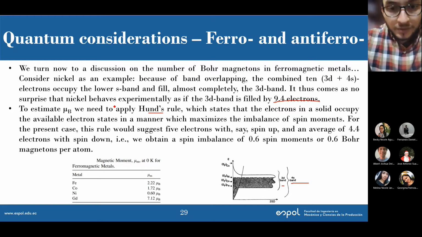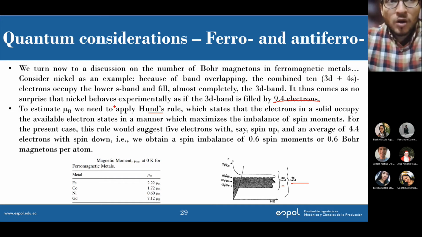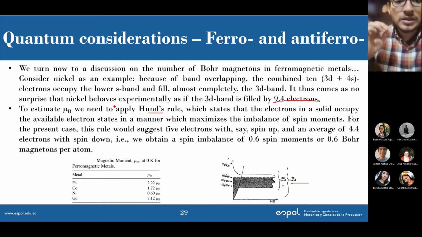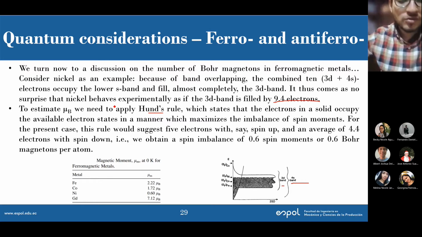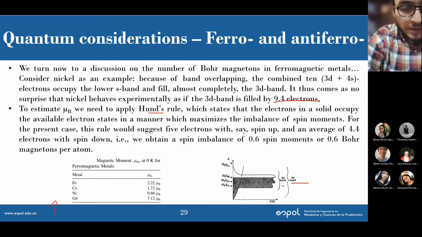Remember, Hund's rule tells me that the electrons in a solid fill the electron states in a manner such that we can maximize the imbalance of spin moments. And remember, Hund's rule is just simple, right? If I have, let's say, d can fill up to 10 electrons, you fill the first 5, and then you go 6, 7, 8, 9, well, 9.4 in this case.